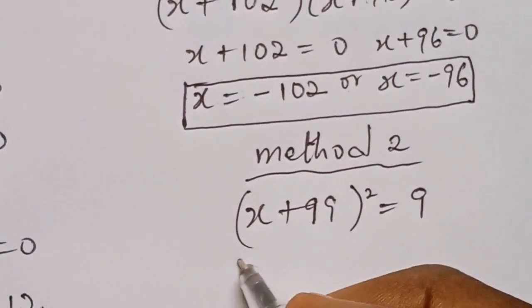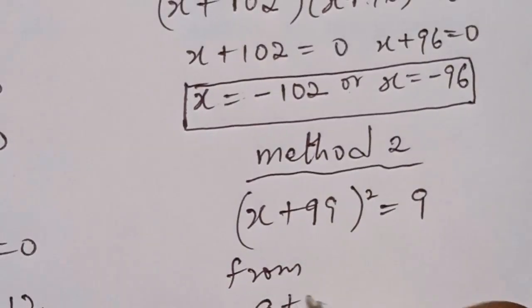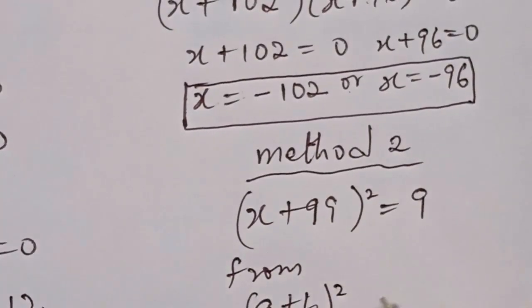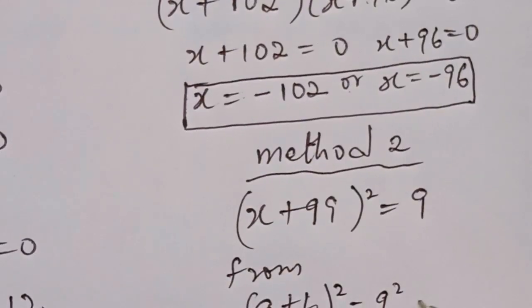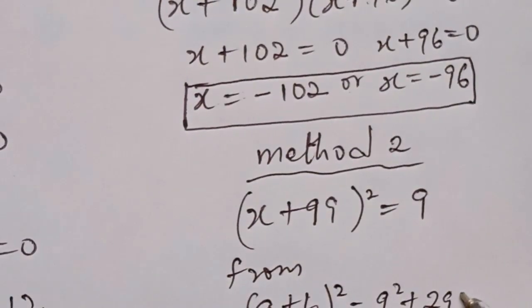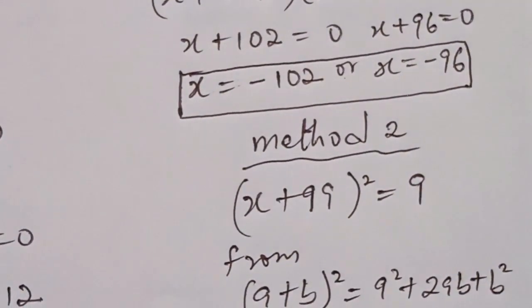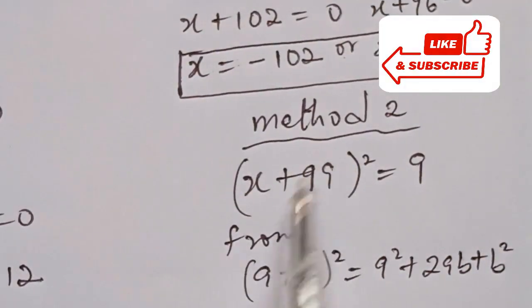So from this identity, (a + b) to the power of 2 equal to a to the power of 2 plus 2ab plus b squared. This expression will be applicable to the left hand side.